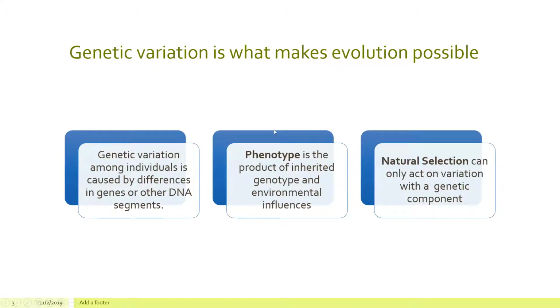And it does that because of three things. The first one is genetic variation. It has to occur in the DNA, okay? When we're talking about genetic variation, it has to apply to the DNA segments in that organism, or evolution cannot apply to it, okay?